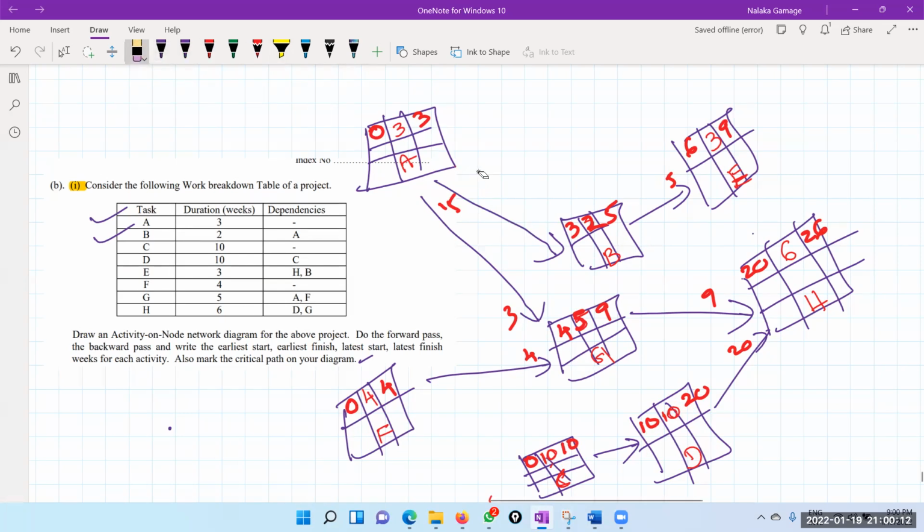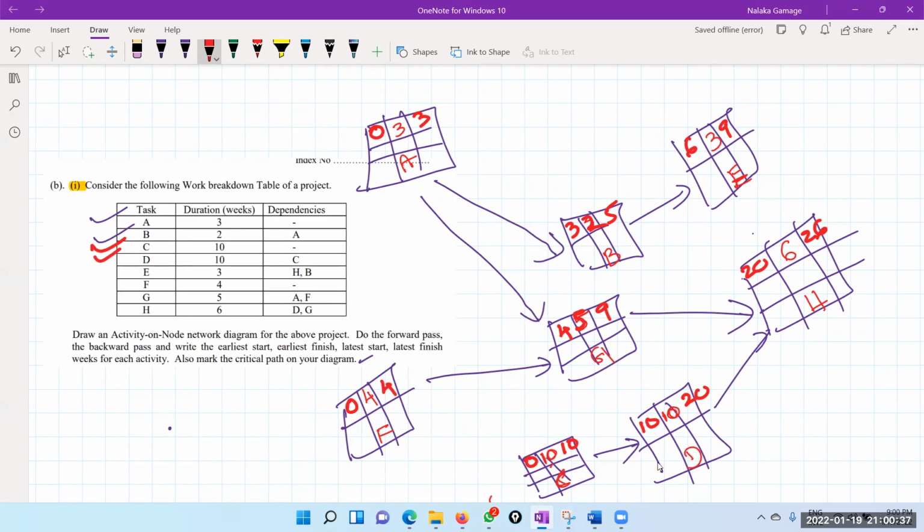I'm going to delete this also. C task duration is 10, and it doesn't depend on anything.